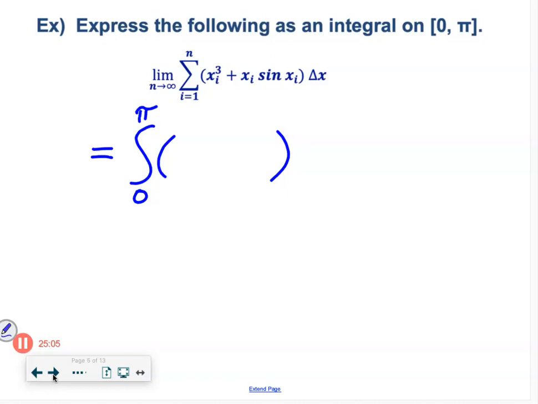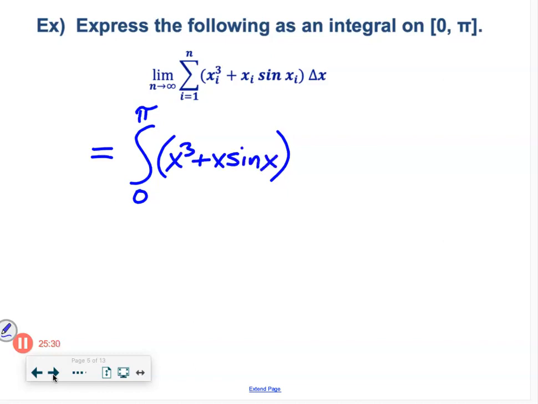It doesn't actually calculate what each x is. It's just saying the first x, the second x, the third x. You just plug them in until you get to the nth x. So when you write your function, all you do is change your x sub i's to x's, and then that's your function. So our function would be x cubed plus x sine x.